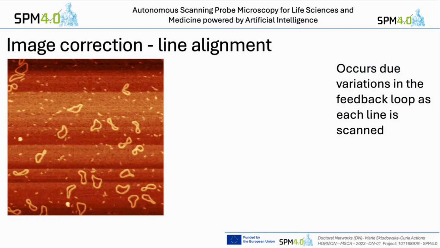As it moves down to the next line, it doesn't always get the height position exactly in the same place as it scanned the first line, which means that each line is given a slightly different baseline height value, different from the rest. So you can get this stripy effect down the image. Again, that's something that we need to correct for.